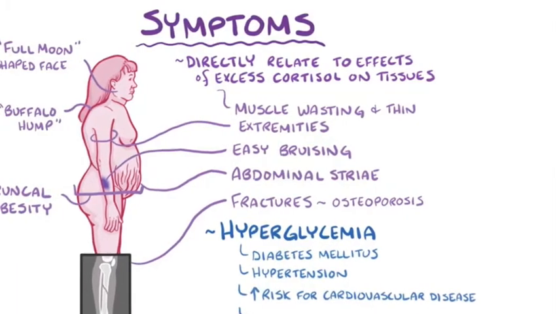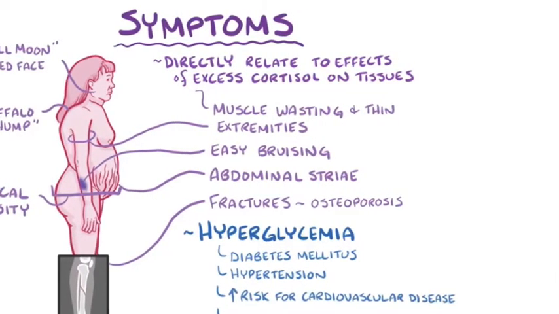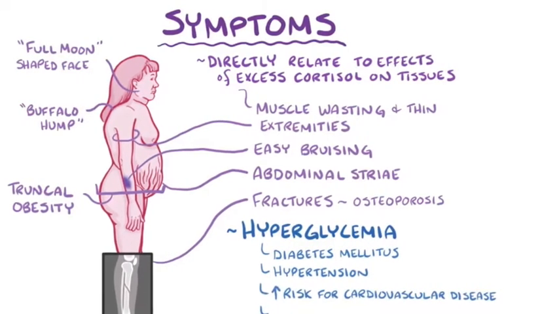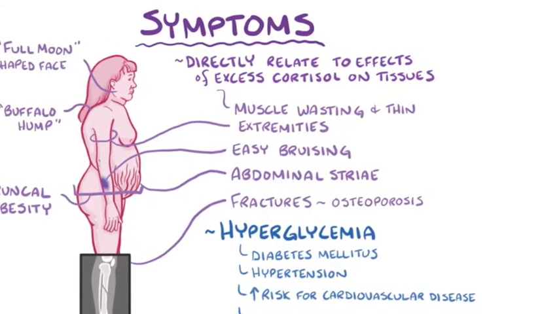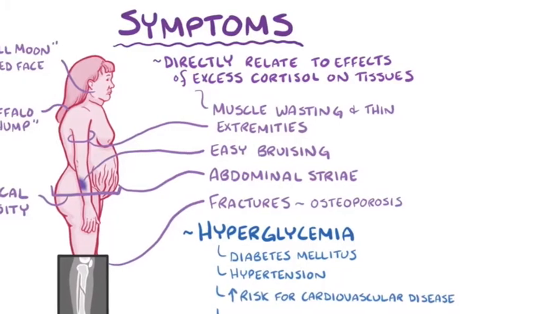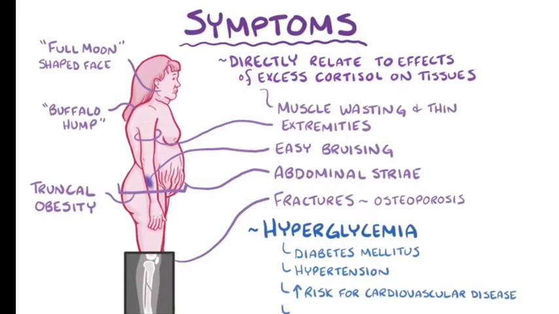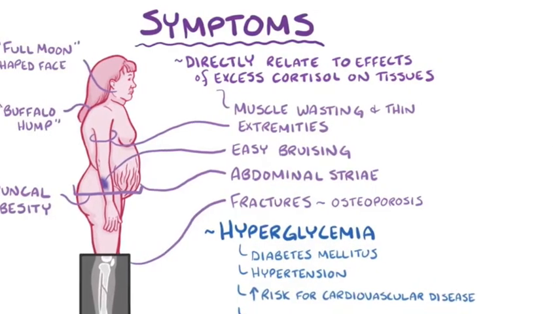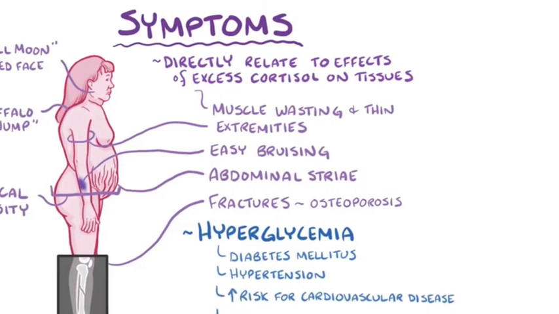So the symptoms of Cushing disease directly relate to the effect of excess cortisol on tissues. There will be muscle wasting and thin extremities. The person can have easy bruising, abdominal striae, and fractures due to osteoporosis.